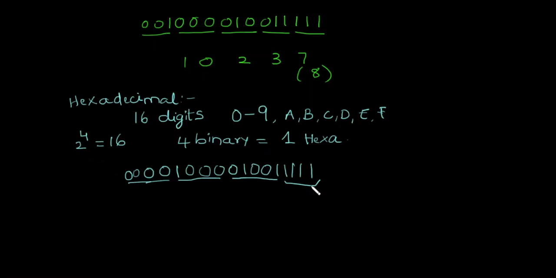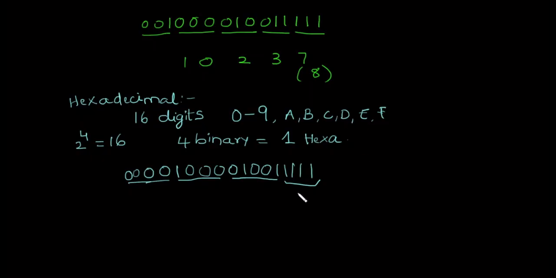Now when I say 4 ones, 4 ones means as per 8421 code it is 15, but in hexadecimal number system 15 means what? 0 to 9 we have, 10 is A, 11 is B, C is 12, 13, 14, 15.